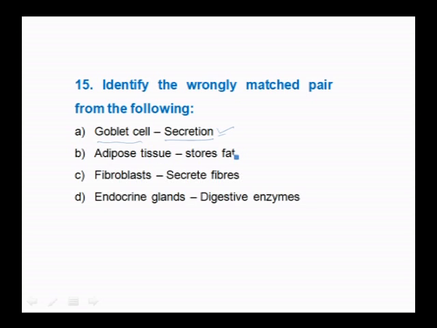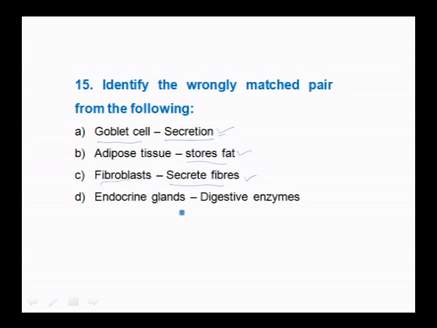Adipose tissue stores fat. One of the special characters of adipose tissue is that they contain fat filled cells called adipocytes. This is also correct. We need to identify the wrong statement among these. Fibroblasts secrete fibers like collagenous fibers and elastin fibers in areolar tissue. This is also correct.